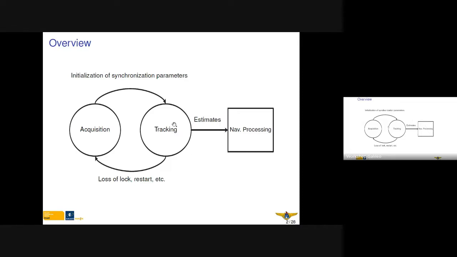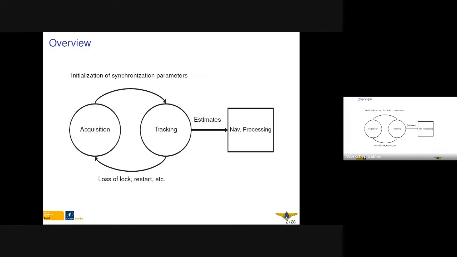So the first part is providing estimates of Doppler, delay, and phase. And in the second part of the course, my colleagues from UPC will tell you what needs to be done to use these estimates to end up with an estimate of the position.